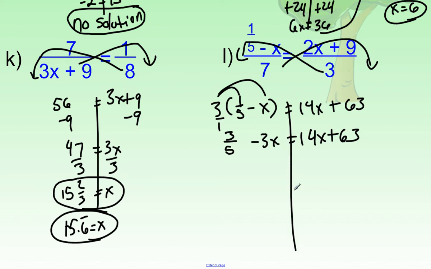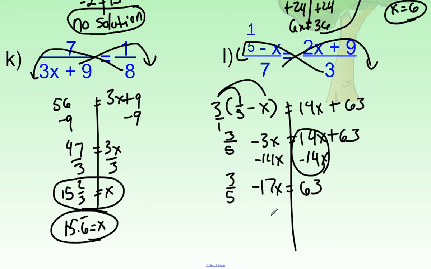Alright, let's solve this thingy. I can't simplify anything on either side. There's no more parentheses. There's no combining like terms. I do have variables on both sides. So if I minus 14x, minus 14x, these cancel. Negative 17x is over here, and 3/5 here.